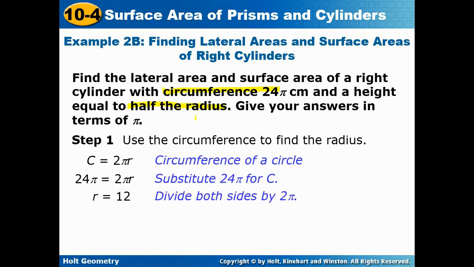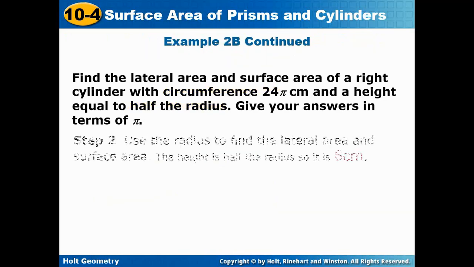So we will get the radius is equal to 12. The height, as we said, is equal to half of the radius. So in step number 2, we will find the height, which is half of the radius, equal to 6 centimeters.